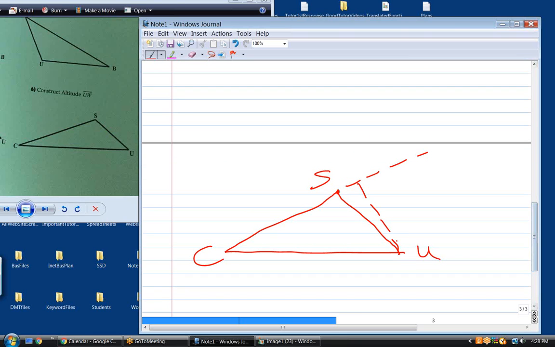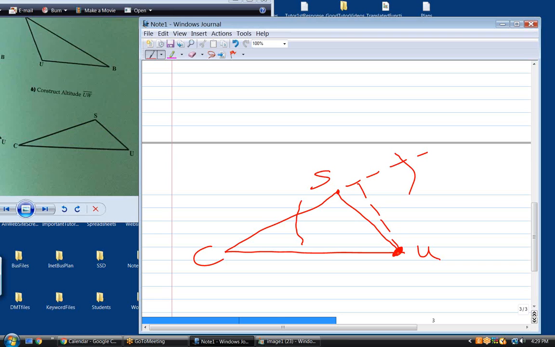In other words, I'm going to put the needle on the point that I'm drawing the altitude from, and I'm going to make the distance greater than SU, such that I make an arc that goes like that and like that. Okay, you with me?